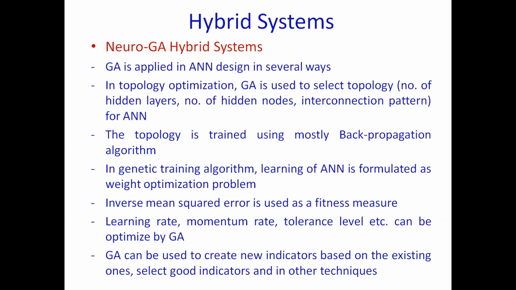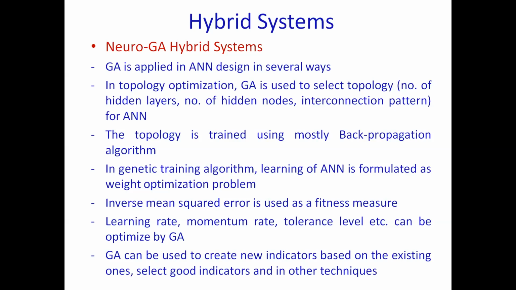So in topology optimization, GA is used to select a topology, basically the number of hidden layers, so automatically the number of hidden nodes and interconnection patterns. In that way, for a particular artificial neural network, which in turn is trained using some training scheme, most commonly the backpropagation algorithm is well suited for the topology optimization.